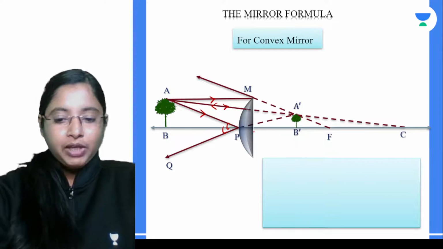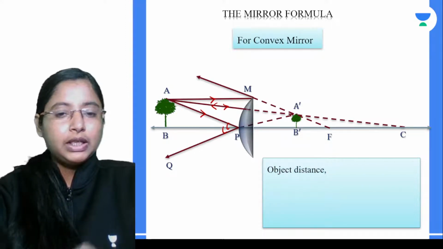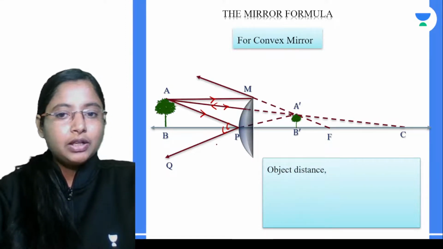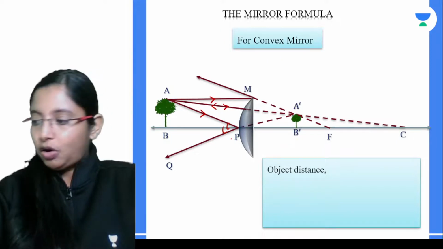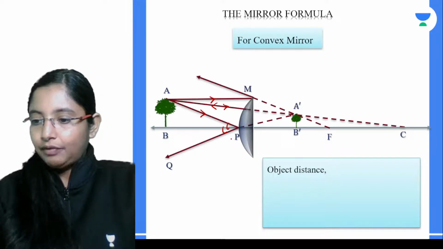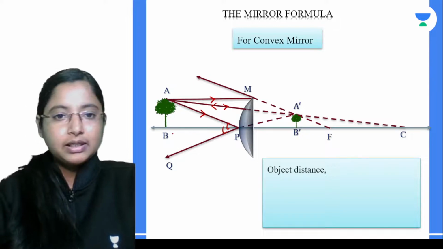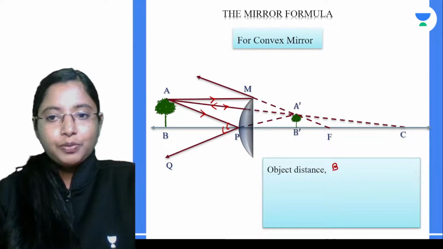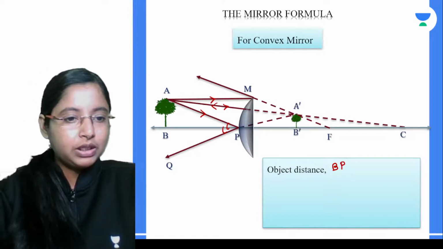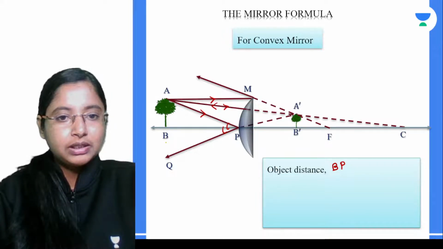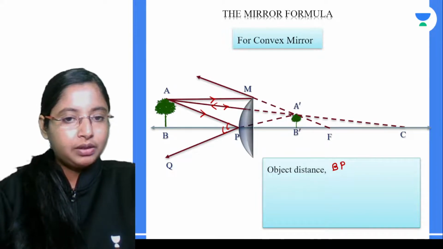Now in this case, this is the object. The object distance in this case is BP. What is this distance that we have over here?